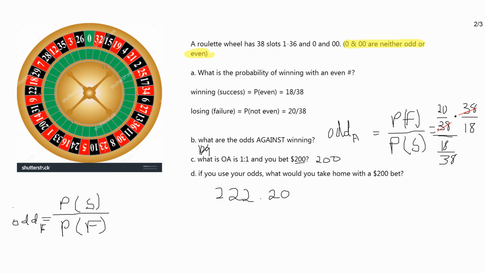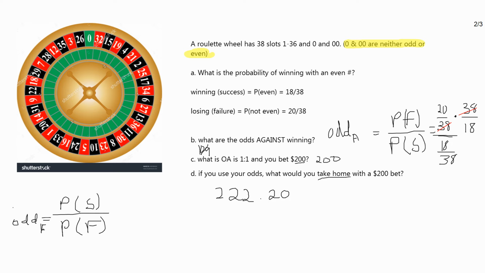I said, if you use your odds against, what would you take home? I didn't say profit because evidently somebody in that other book doesn't know what the meaning of profit is. Profit is the money that you got minus the money that you put in. It's economics. You know, something that a businessman will know about, a politician will know about.